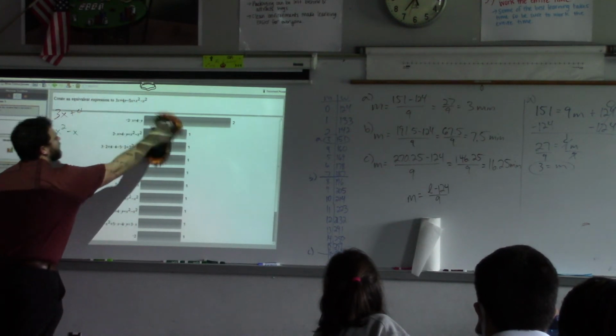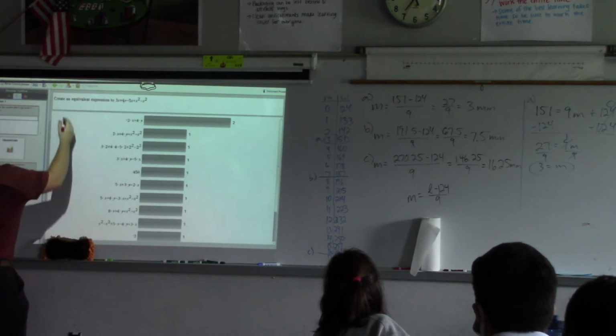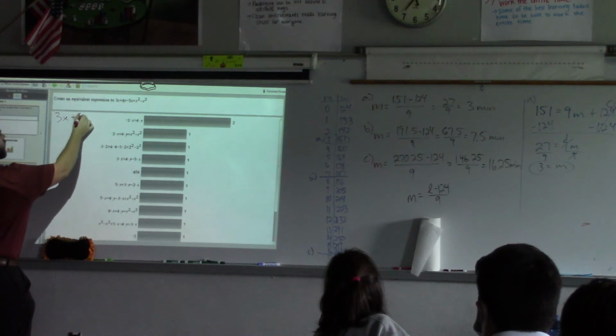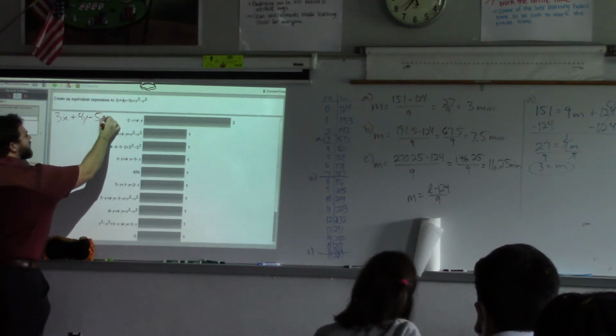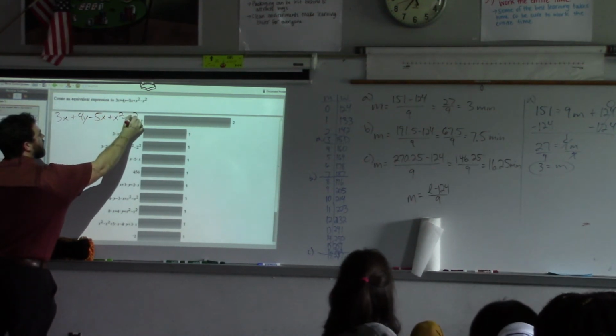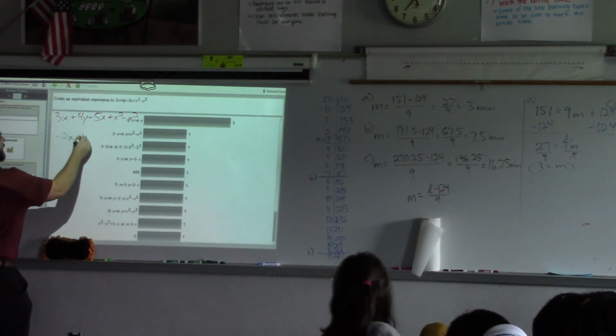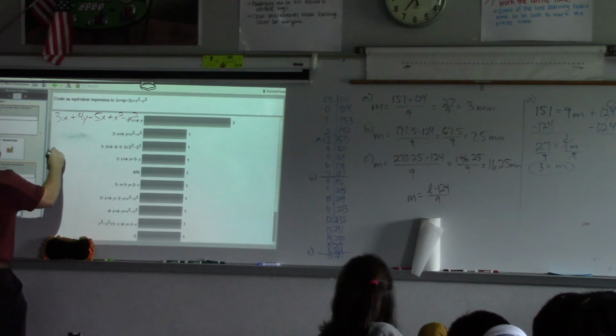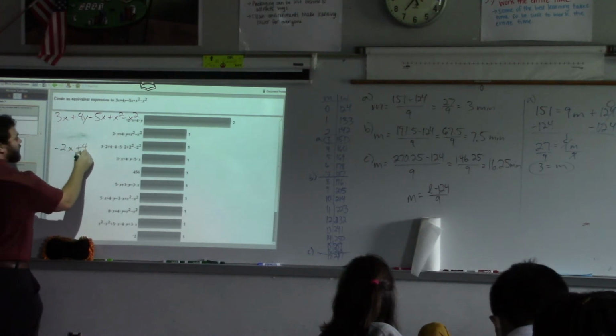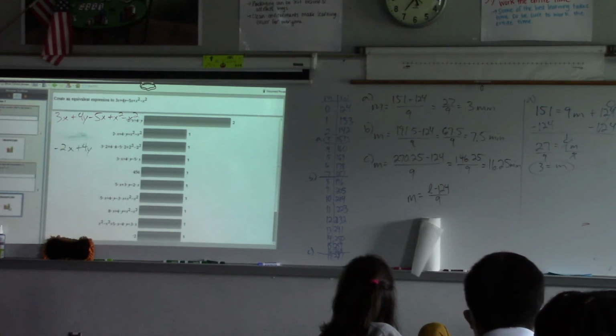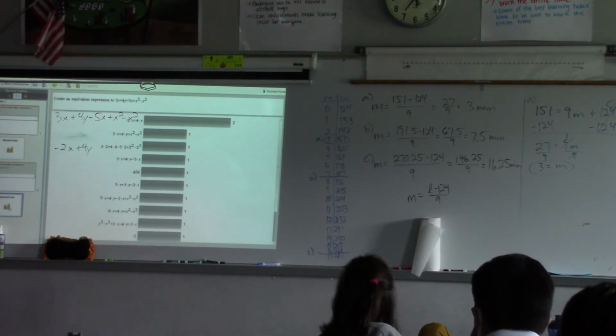Who copied my house? Okay? So we originally had 3x plus 4y minus 5x plus x squared minus x squared. And then this one that has negative 2x plus, actually let me put it down here. Would one of the 2 people who came up with that expression care to explain what they did? What you got, Jalen?